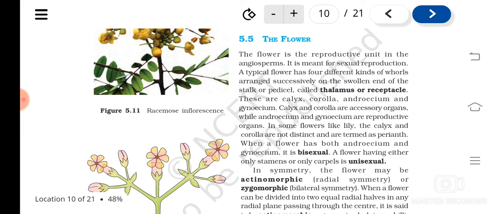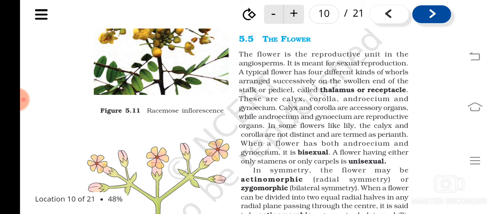We can divide the parts of the flower into four whorls that are arranged on the tip of the stalk. That tip is swollen, or more thick, and there all the whorls are arranged.